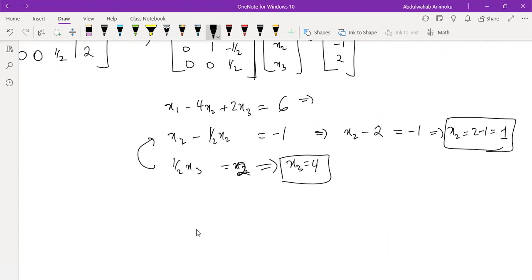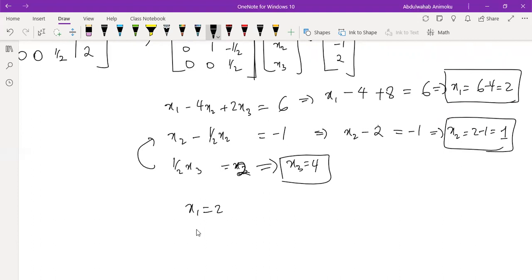And finally, we can solve this: x1 minus 4 times x2, and 4 times 1 is 4, so minus 4 plus 2 times 4, which is 8, equal to 6. If you solve this, x1 equals 6 plus 4 minus 8, which is 2. So our solution set is x1 is 2, x2 is 1, and x3 is 4.